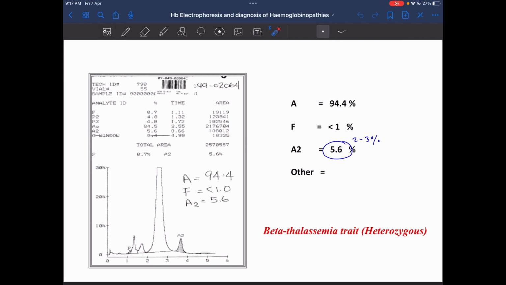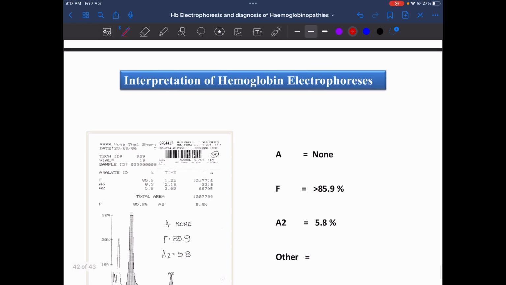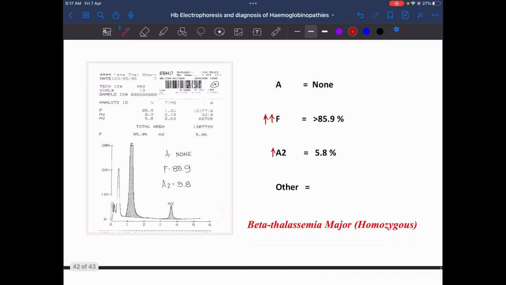A low F and a higher A2 is indicative of beta thalassemia minor. And if we look here, a higher F, A2 is higher too, but look at how high F is. This is most likely beta thalassemia major.